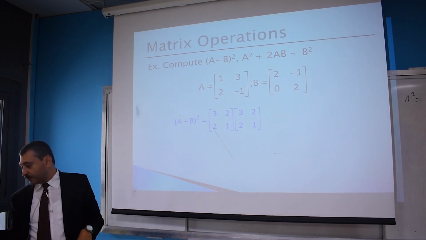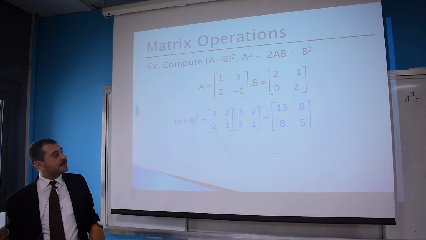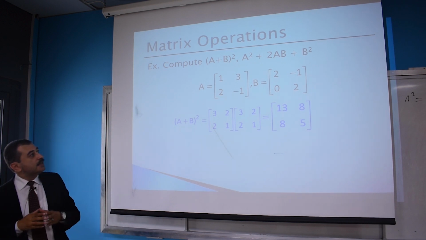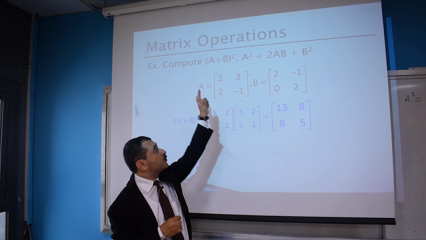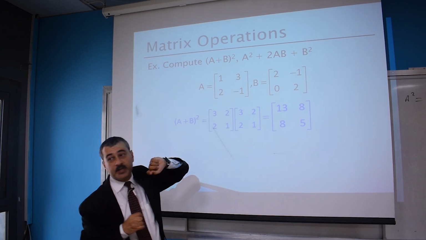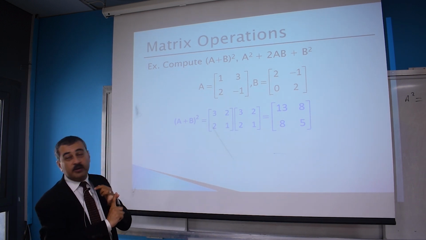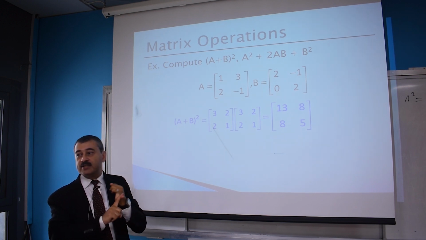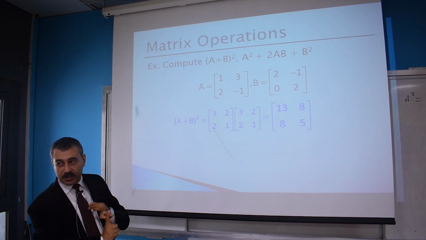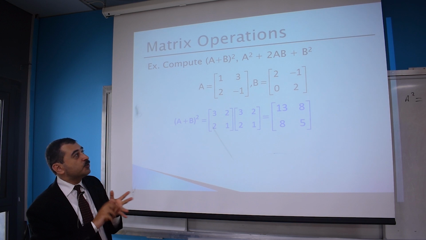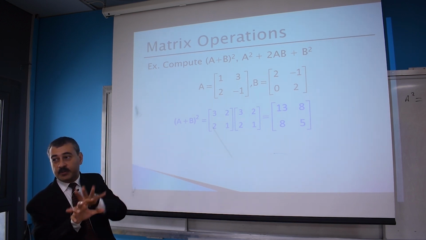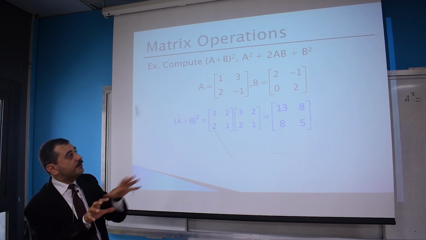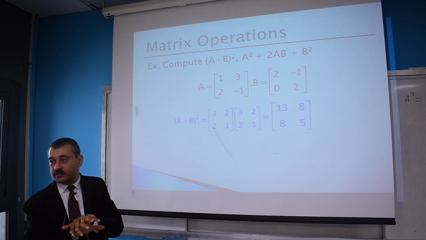If you do the multiplication here, you will get this matrix. If I want to find the second expression, A squared plus 2AB plus B squared, first I'll find A squared as A by itself, B squared as B by itself, and for 2AB, I'm going to multiply A by B and then do scalar multiplication by the value of 2 for each entry of AB.